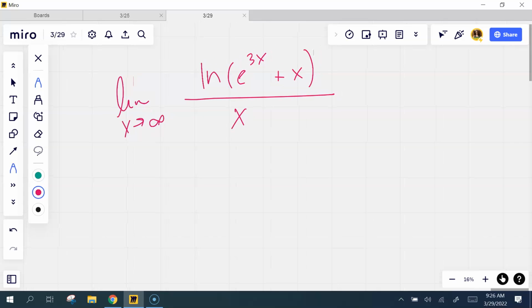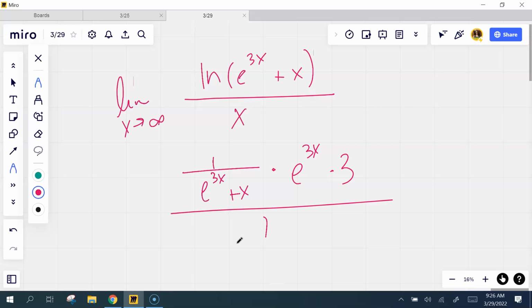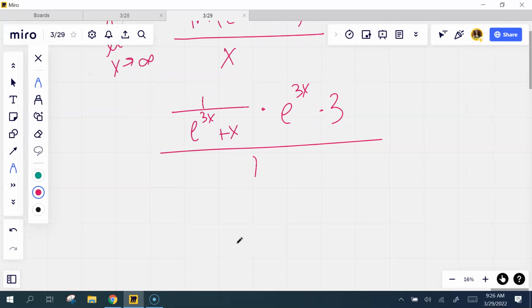So the derivative up here would be 1 over e to the 3x plus x, because the derivative of a natural log is 1 over that, times the derivative of the inside, and then I did chain rule. So e to the 3x, and then chain rule again, all over the derivative of the bottom, right? I cleaned it up a little bit. So I've got 3e to the 3x over e to the 3x plus x.